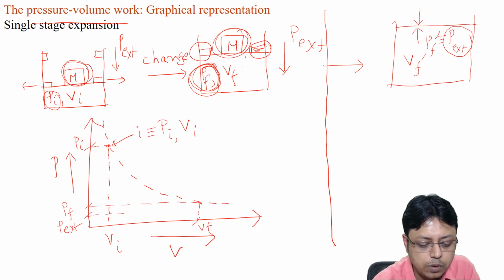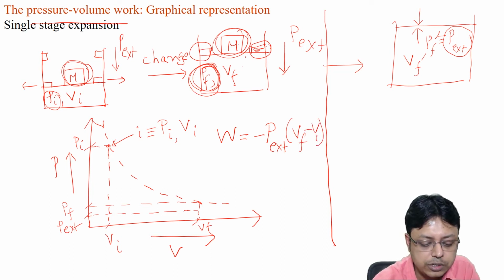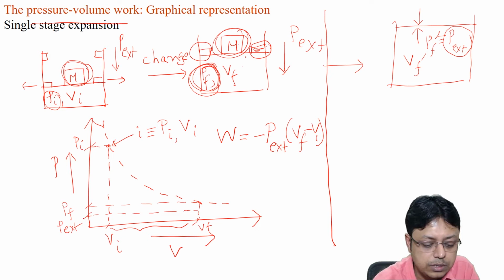The expression for work says it is negative of external pressure into V final minus V initial. Now what is V final minus V initial? This is this length, and if we multiply by P external, which is this, we are basically talking about an area which is this.